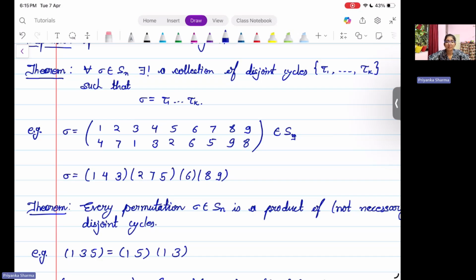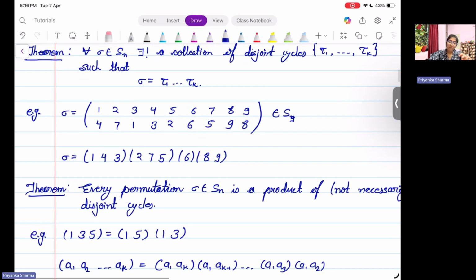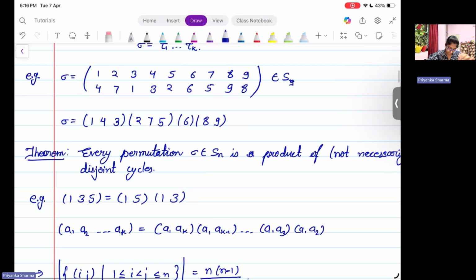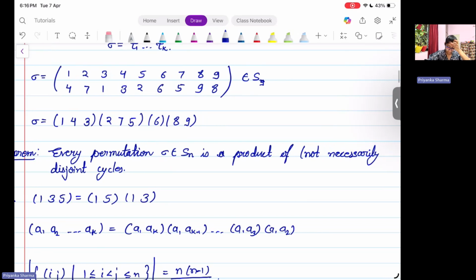So what is the length of a cycle? The number of elements in a cycle is the length of the cycle. And what if we replace the term cycles by transpositions?